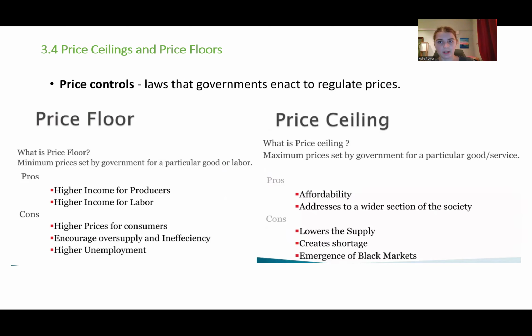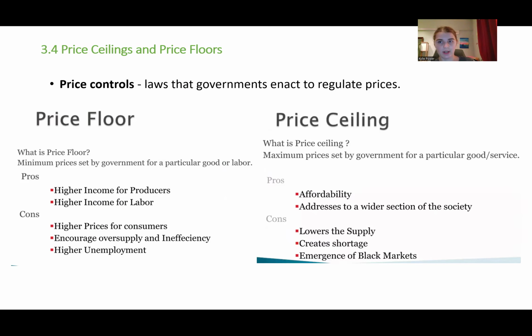Price floors are good for some, they have pros and cons. So price floors are usually higher income for producers, higher income for laborers, but it's going to be higher prices, right? So if the cost of a laborer increases, then the price associated with whatever their good or services is probably going to increase too. It can sometimes encourage oversupply and what's called inefficiency in a marketplace.